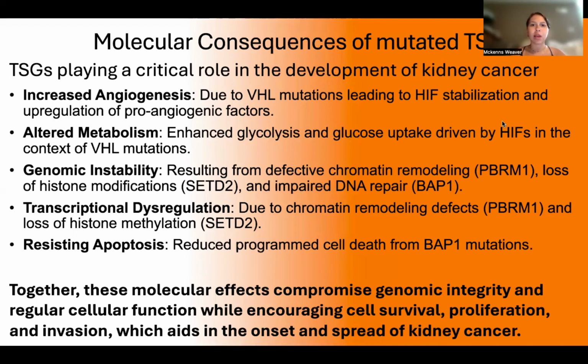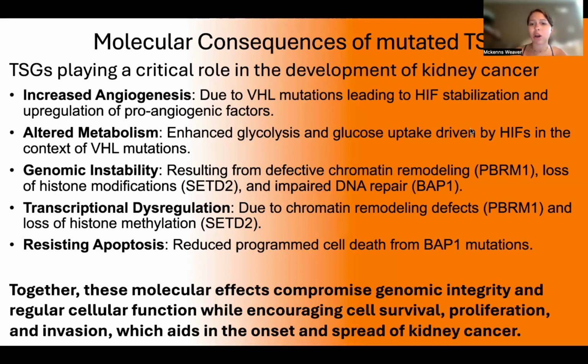So we have mutations leading to HIF stabilization. We have enhanced glycolysis and glucose uptake. We have results from defective chromatin remodeling, loss of histone modifications, and reduced programmed cell death from BAP1 mutations.